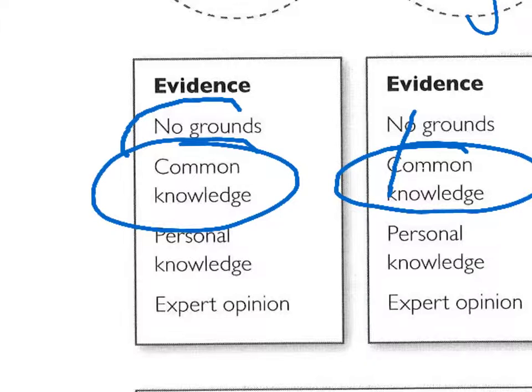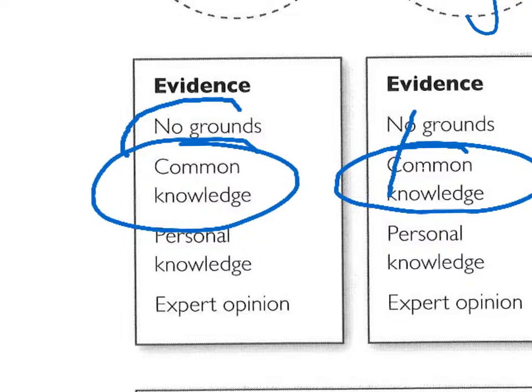Common knowledge is something that generally people understand. To give you an example, it's generally known that if you bump into somebody, you say "excuse me," or that the capital of New Zealand is Wellington.